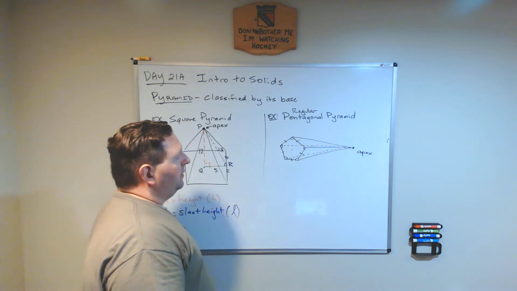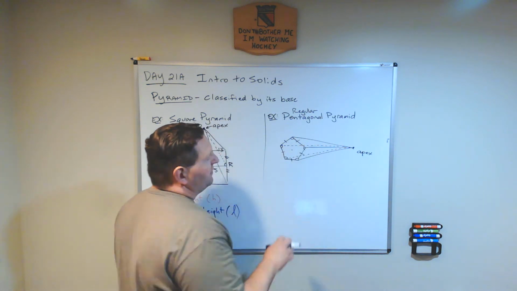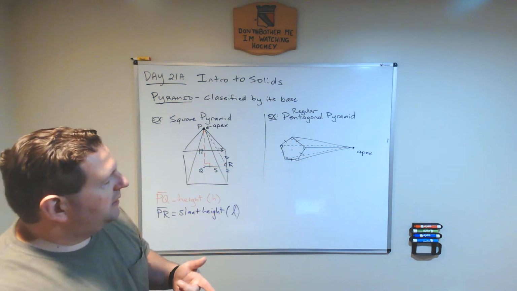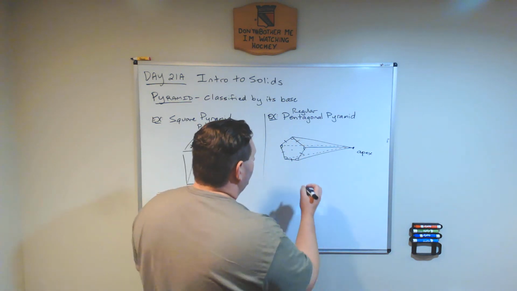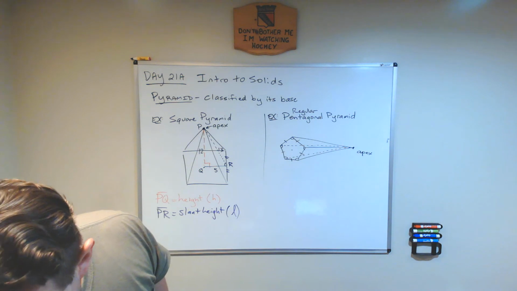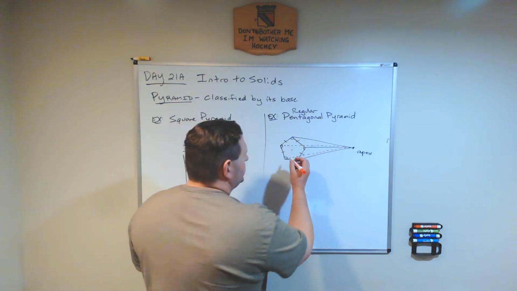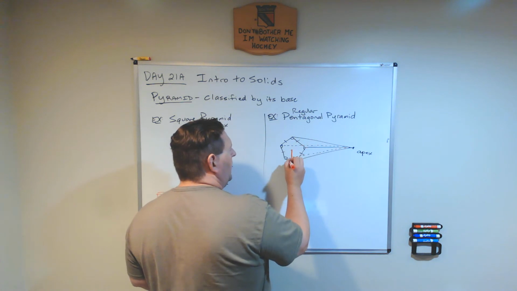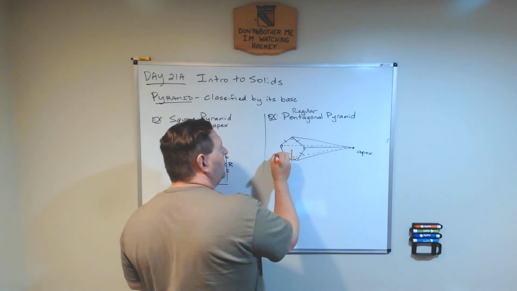And again, some of the things that we've done with regular polygons are going to come up here. Things like the apothem. Do you remember that? So like right here, at a right angle, that's the apothem.